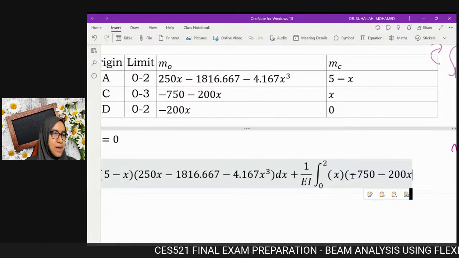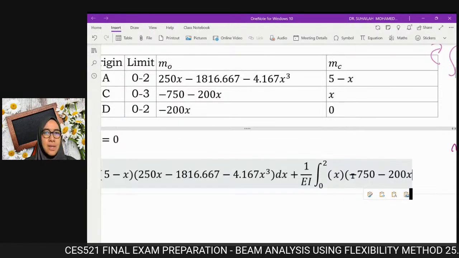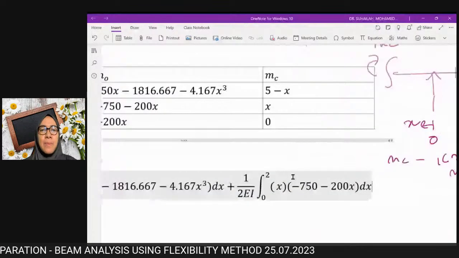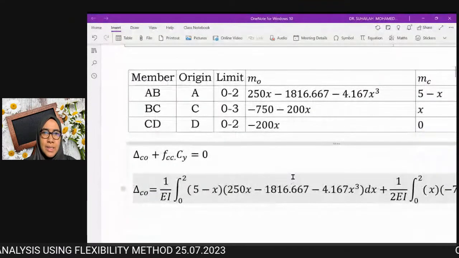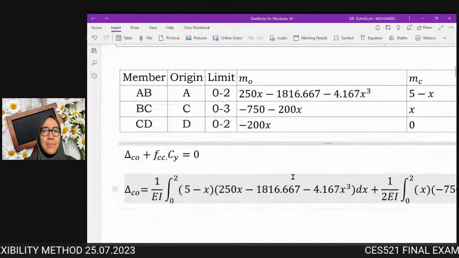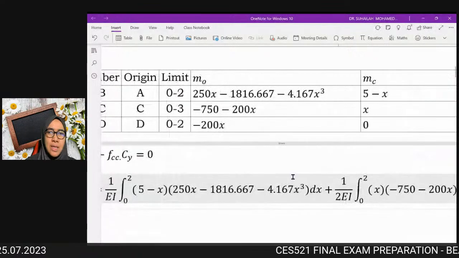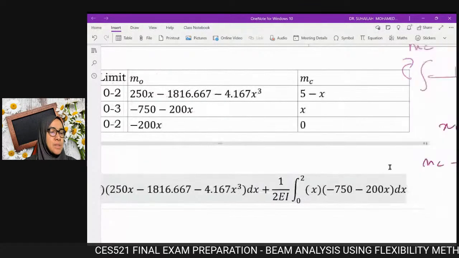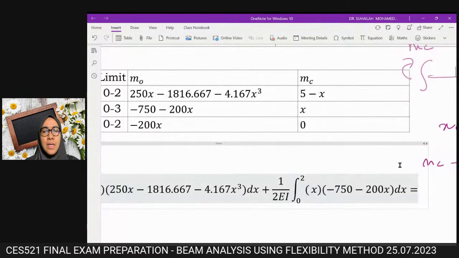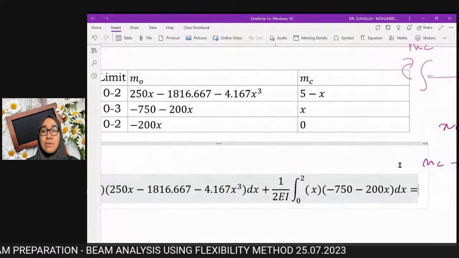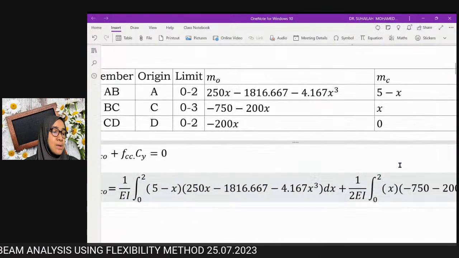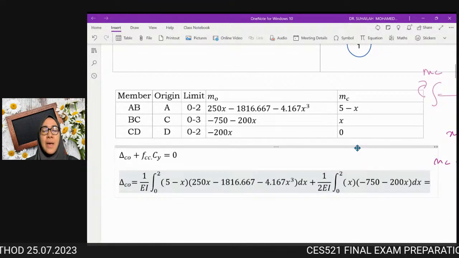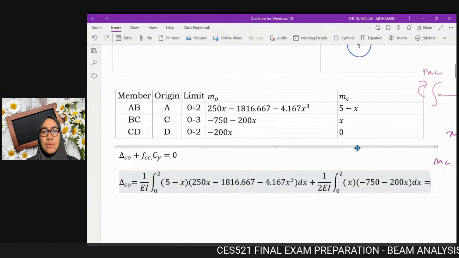Actually we have to add another one for CD, but since MC is equal to 0, I think we don't have to write that one. So we can solve the answer for delta C naught by only considering this, because for CD, MC is equal to 0.